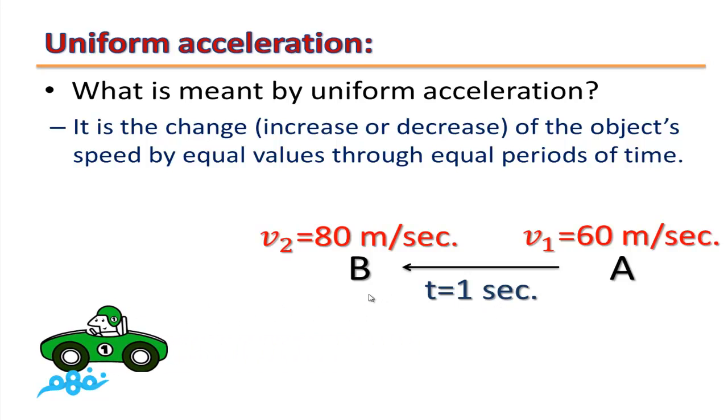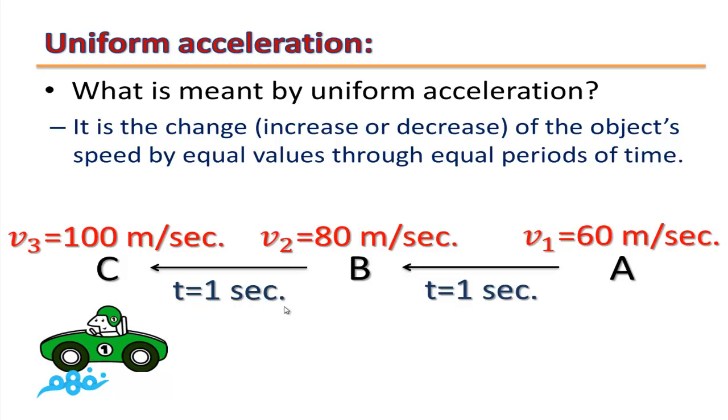Then this car moved from B to C, and its speed at C is V3 equals 100 meters per second. It covered this distance during 1 second. As we can see, the change in speed during the first interval is 20 meters per second, and this change occurred during 1 second.